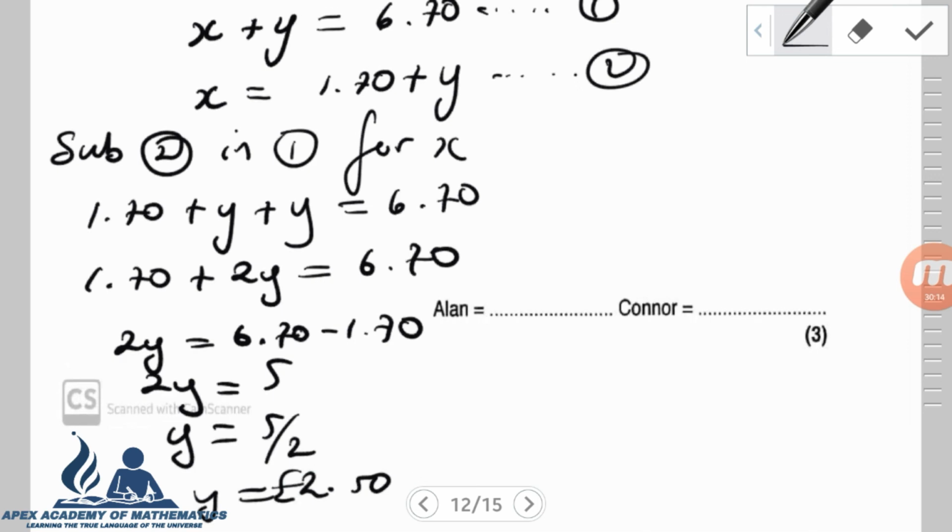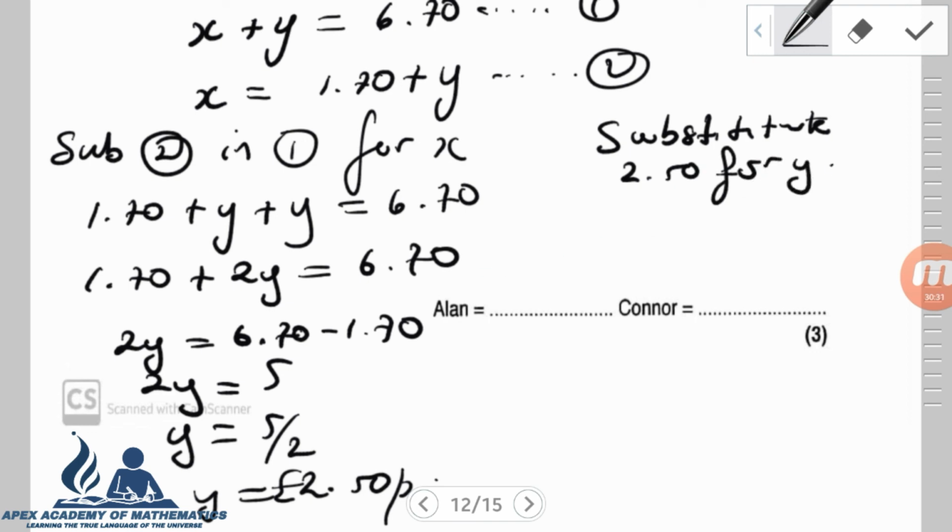Lovely. So now we're just going to substitute 2.50 for Y in equation 2, which is this one right here. So we have X is equal to £1 and 70 pence plus £2 and 50 pence.